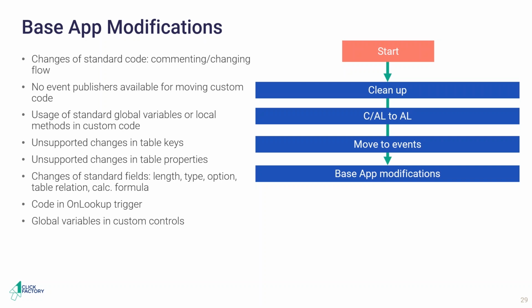I'm not able to take a specific field, let's say the item number field, and change the length of its number from 20 to 10, because that may cause a breaking change, and this may cause errors in my solution. That means I may have to leave these types of changes in the base application, or either way, I would maybe need to implement them in extensions, but it may cost me a ton of time and effort.